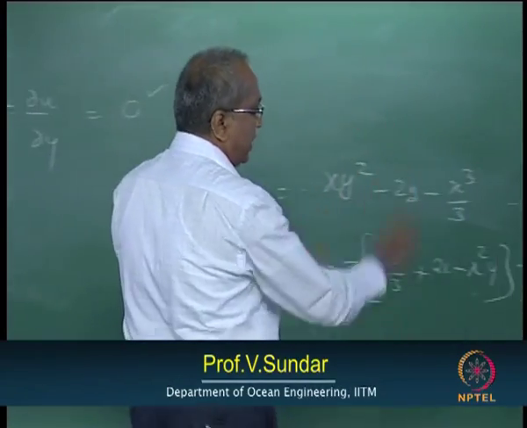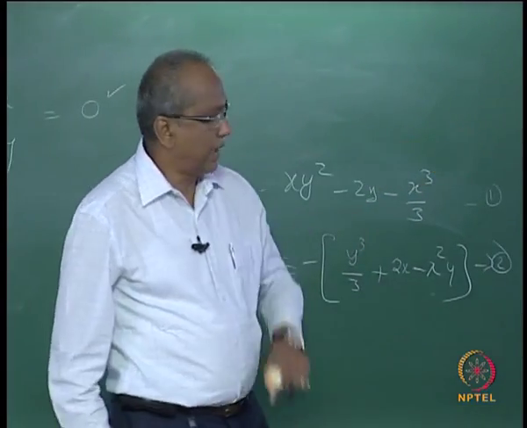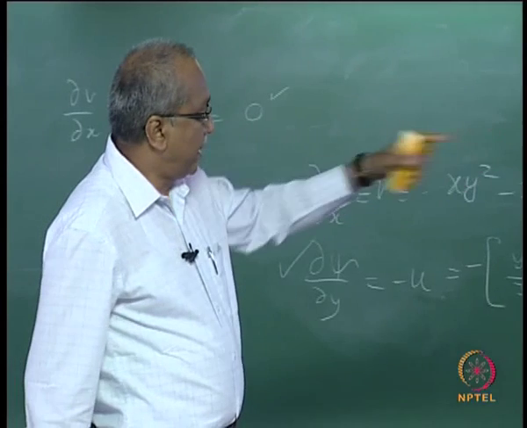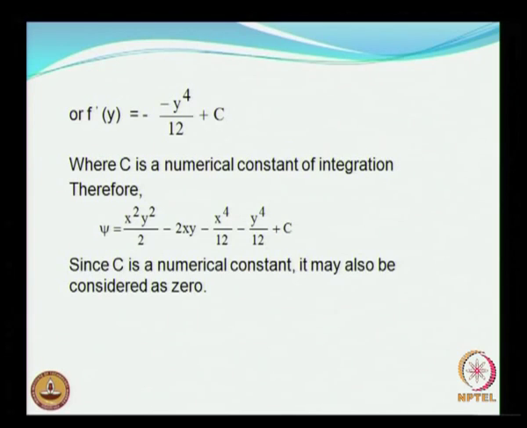Then you put all these things, substitute the numerical, so substitute for f dash y, so you get the expression for psi with a numerical constant of integration, which may also be considered as 0. So this problem explained to you.